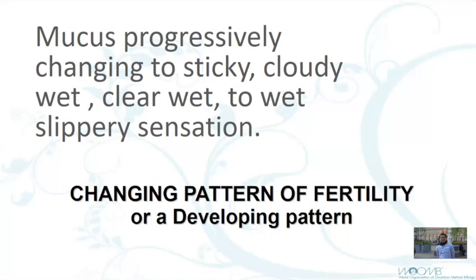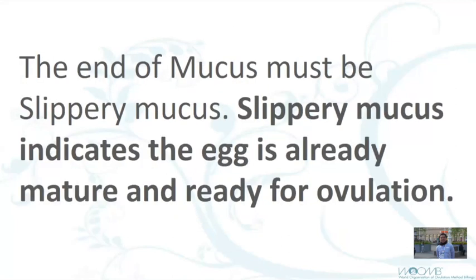And what is the importance of this one? The importance is this. The end of mucus must be slippery mucus. Slippery mucus indicates the egg is already mature and any moment there will be an ovulation. So the slippery mucus is an indicator of ovulation.